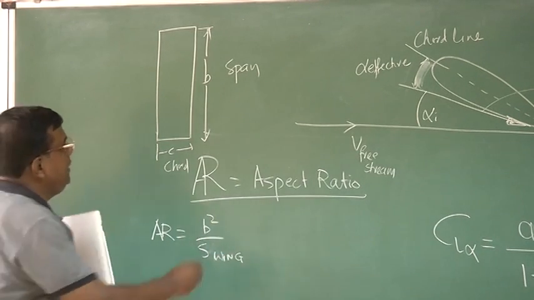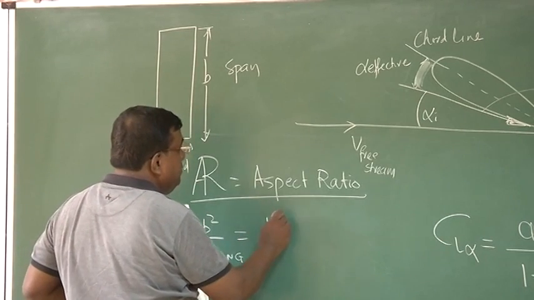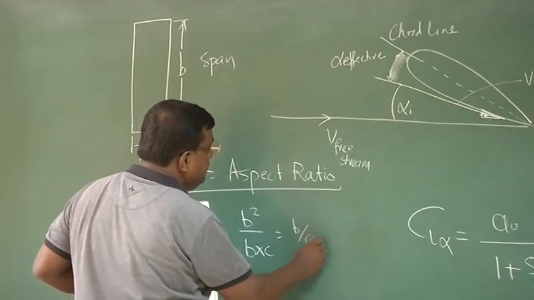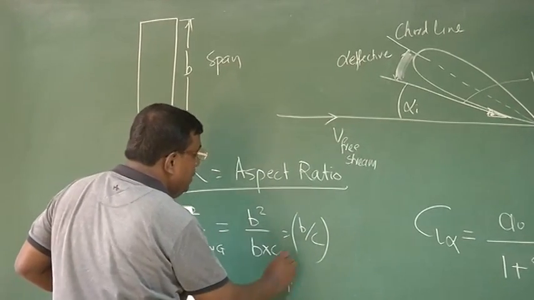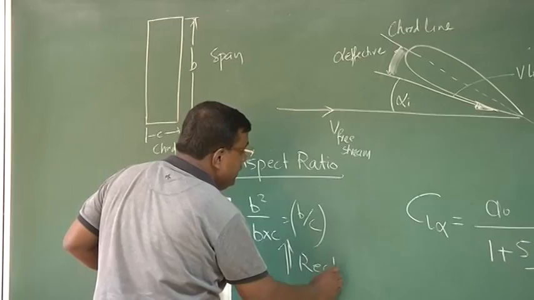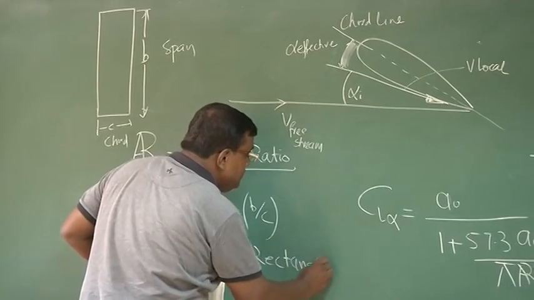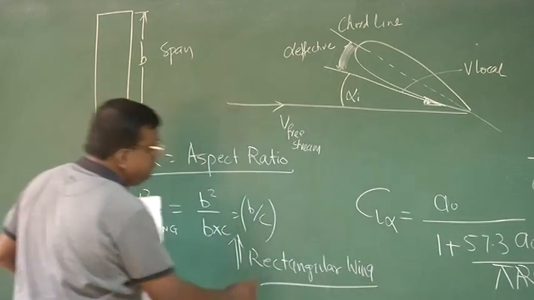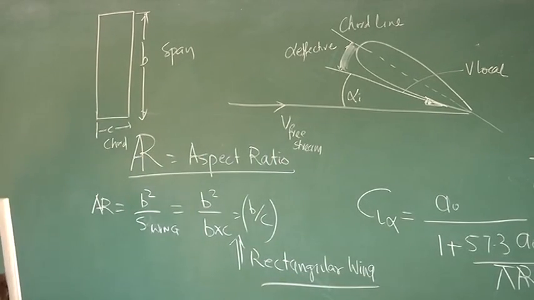For a rectangular wing, it automatically becomes b square by b into c, so it becomes b by c. For a rectangular planform wing. Rectangular wing, which I mean planform.